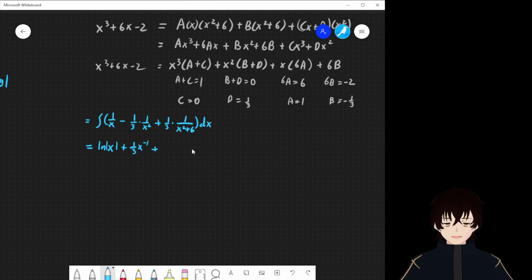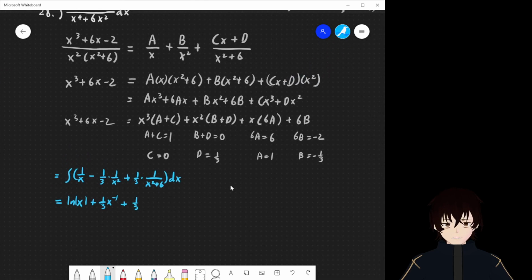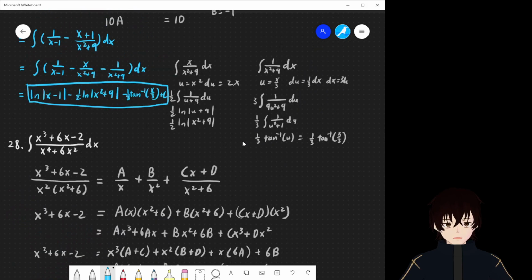Plus, see, we have another tangent here. 1/3 root of 6. Well, let me refer to the last problem.